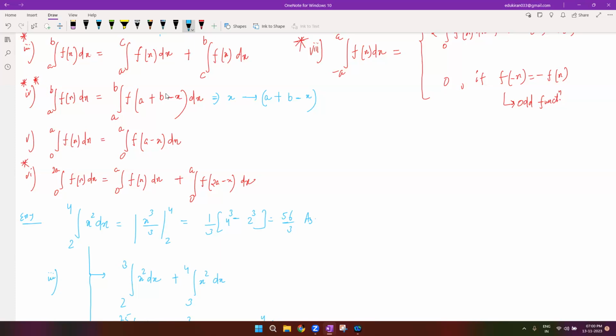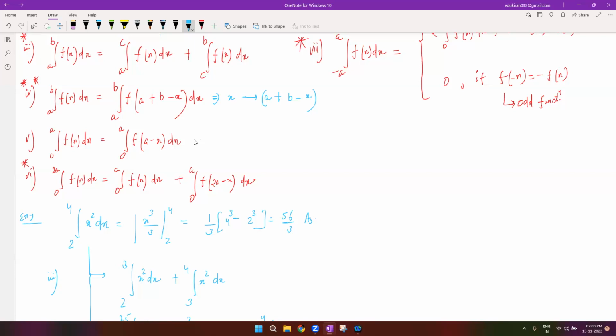But a very simple explanation for fourth is that what are we doing? We are just replacing x with sum of lower and upper limits. So your lower limit was a, upper limit was b. Take the sum, which is a plus b, right? So you change your x with upper limit plus lower limit minus x, which is a plus b minus x.